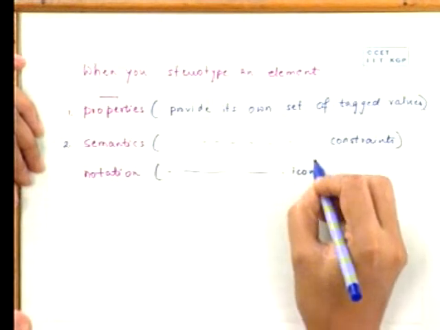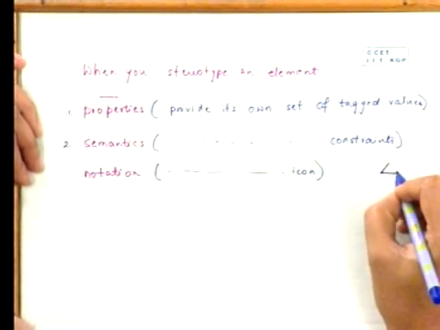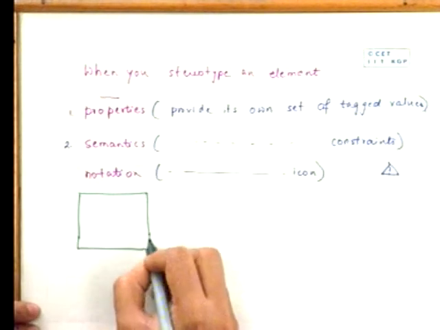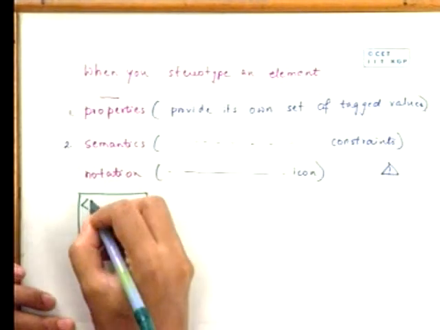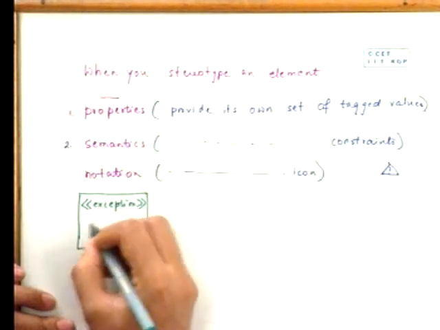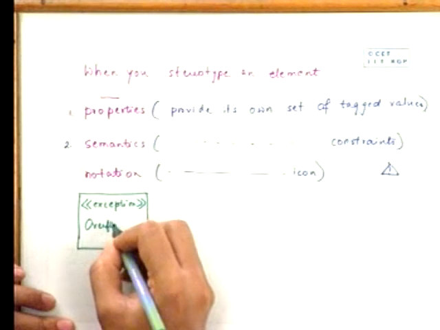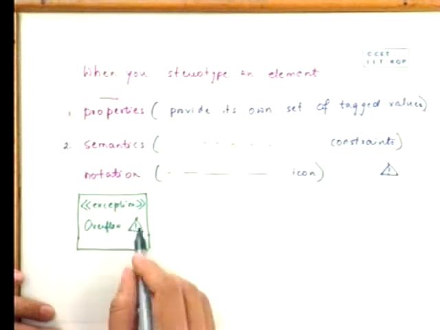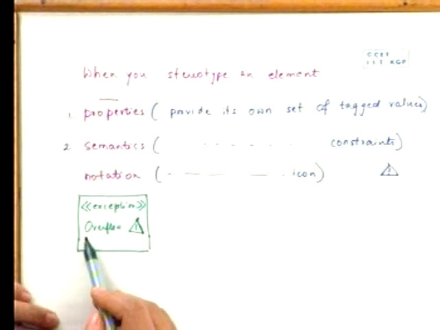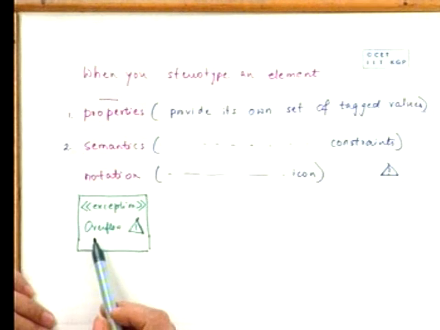For example, you may introduce a new icon to represent a particular type of stereotype. A stereotype is represented like this. For example, this is the notation of the exception stereotype. So you have attached this particular icon to an exception stereotype, and the name of this exception stereotype is overflow.